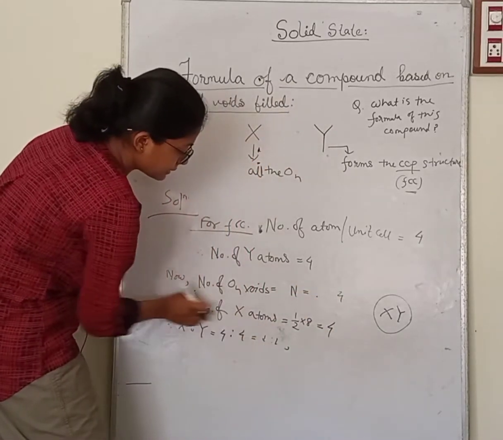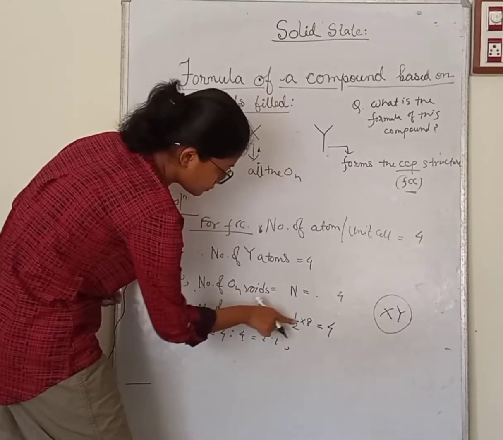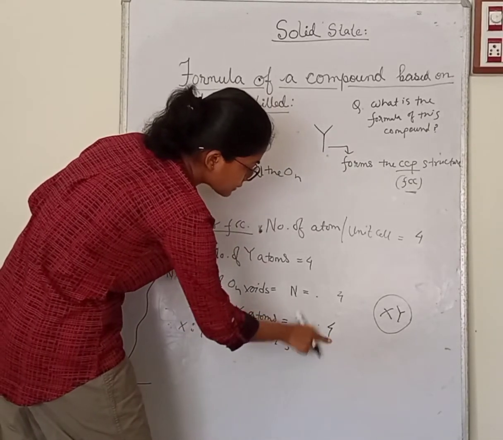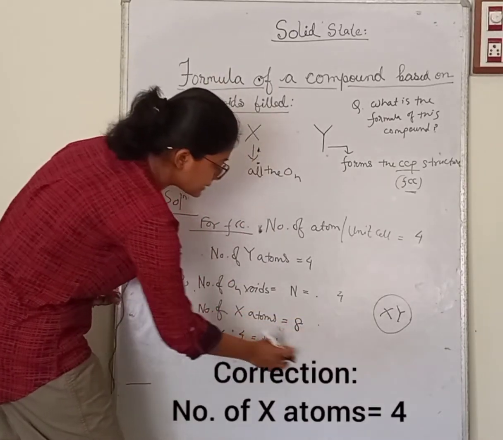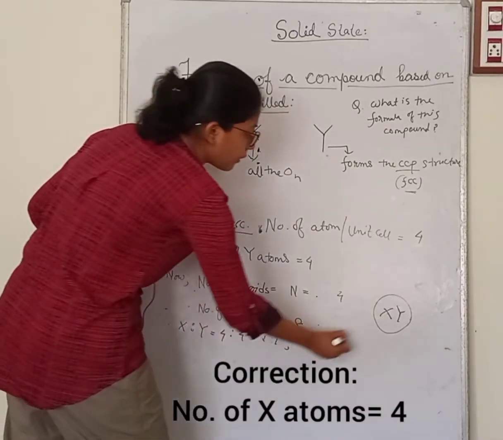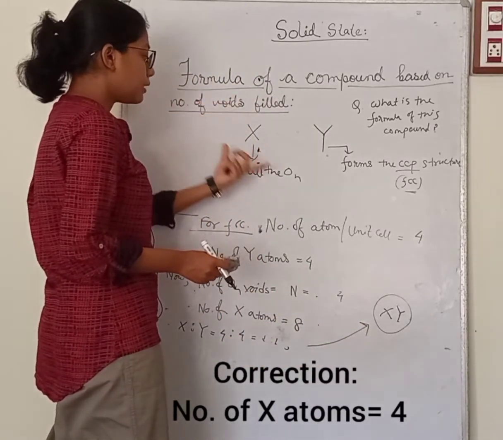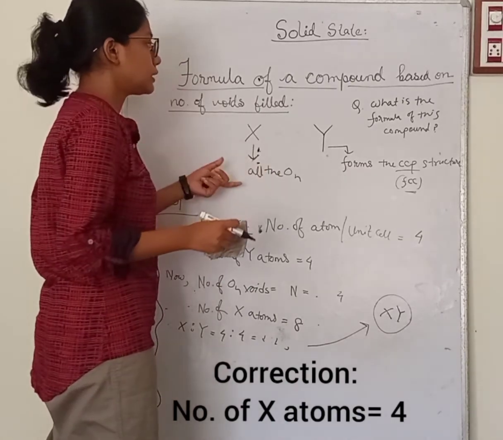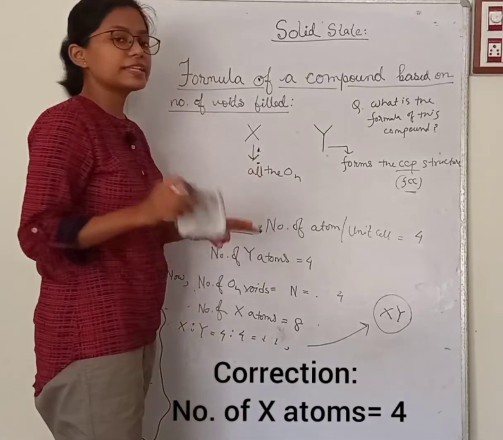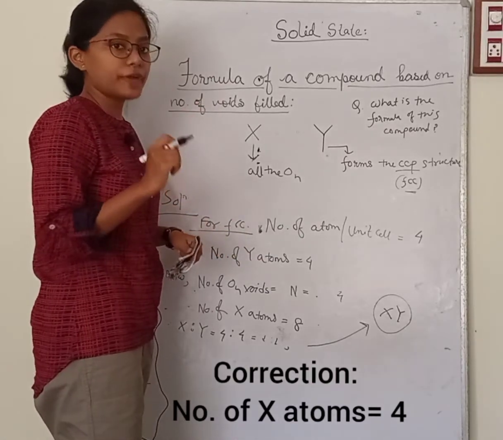Therefore the number of X atoms is 4, since it occupies all the octahedral voids. So in this case also the formula would be XY. In this way, if the number of voids filled is given, then we can find the formula of a compound.